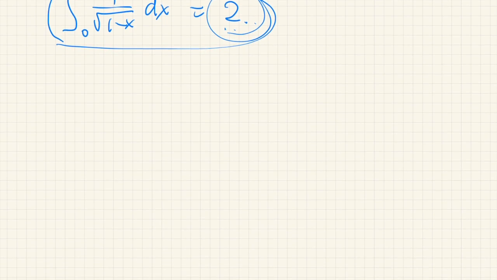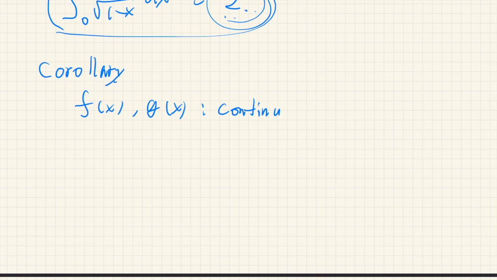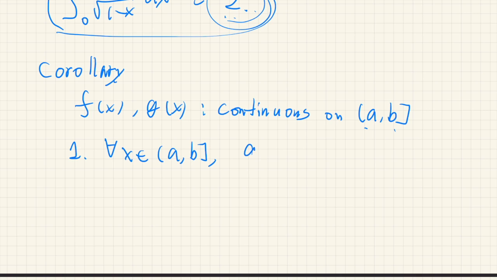We have a corollary to the previous theorem, and it is the following. Again, let f and g be continuous functions on a semi-open interval from a to b, not including a but including b. Now assume three conditions. First, for all x in this interval, g of x is positive.